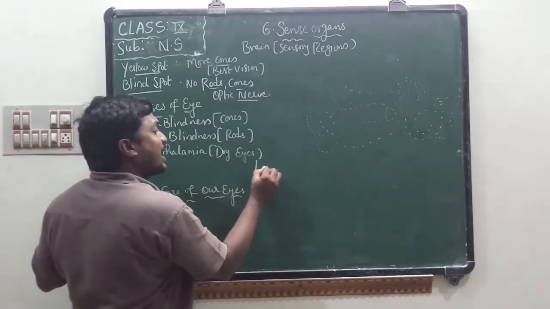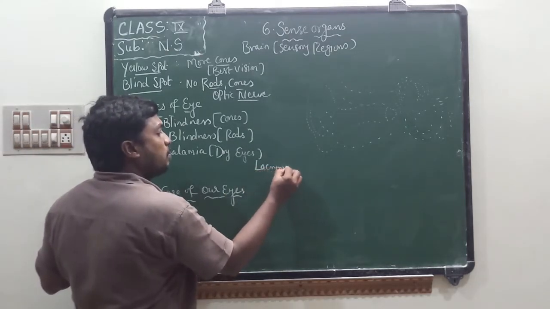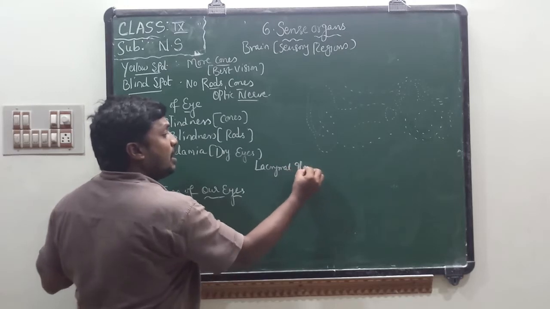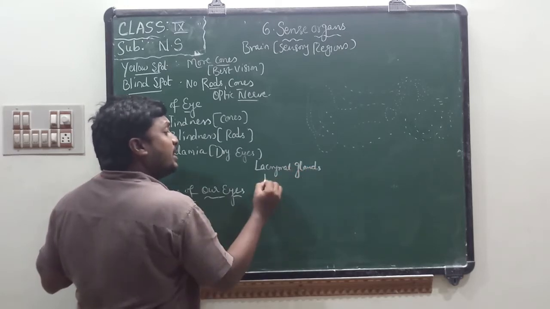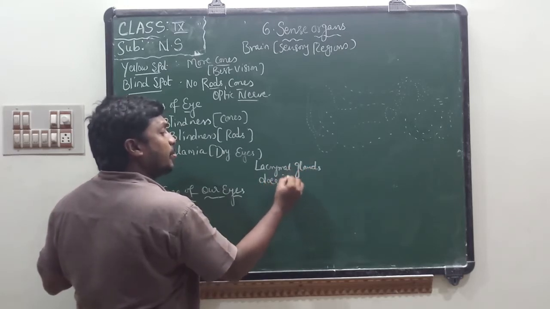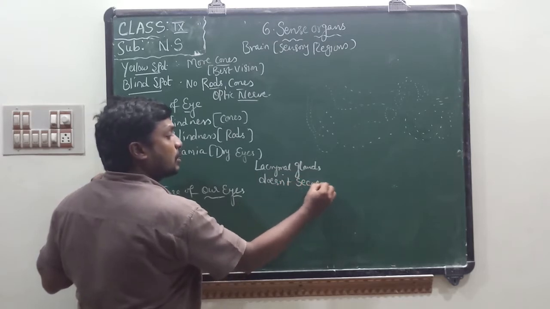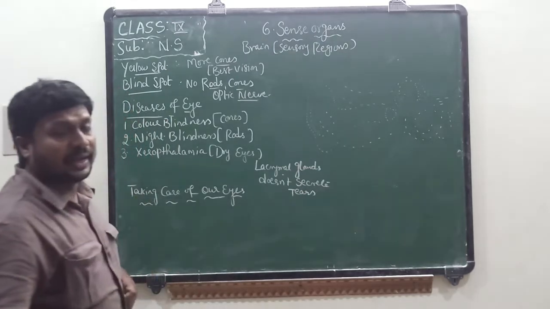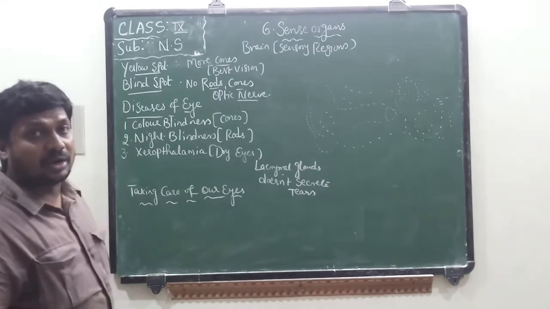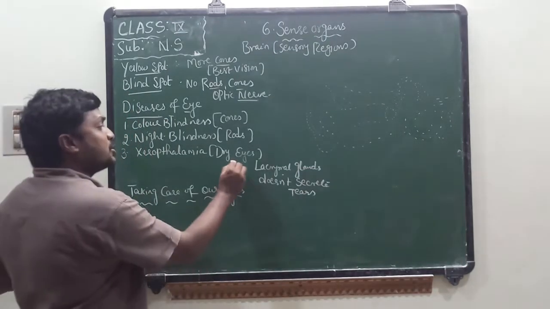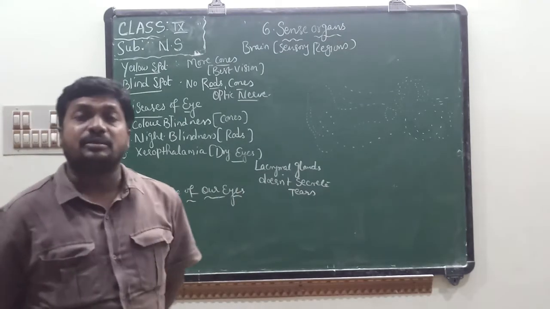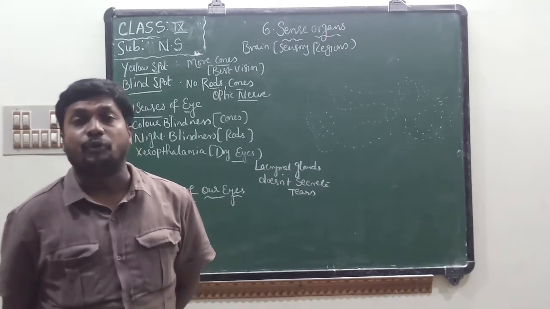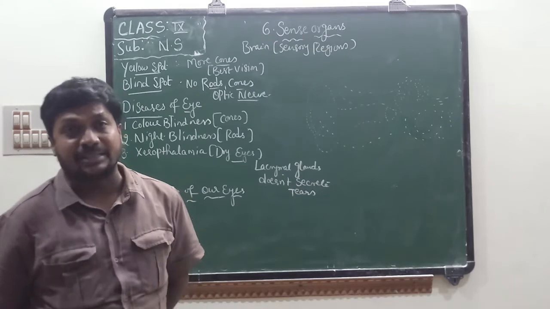If the lacrimal glands do not secrete tears, that condition is called dry eyes. Tears are very helpful to us. Tears help to keep our eyes bright.